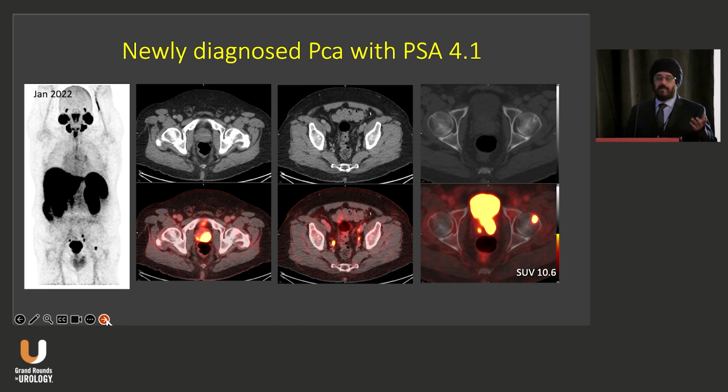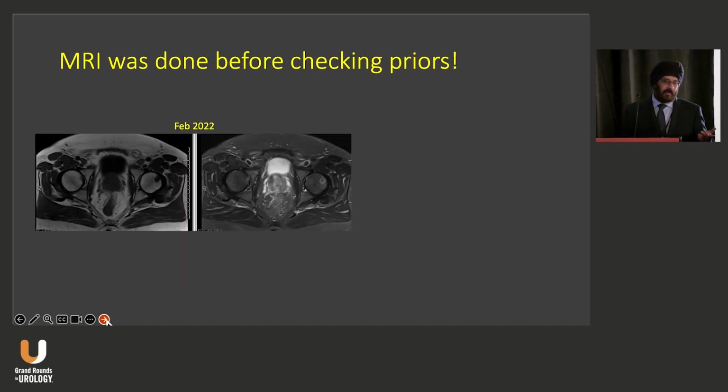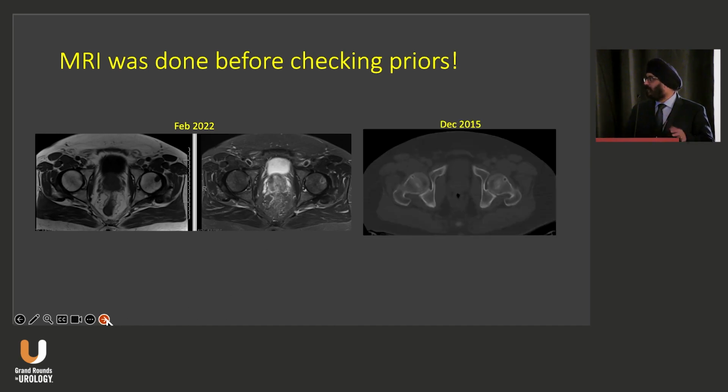Before checking for priors, they got an MRI, and it was called a bone herniation and synovial pit. If they had just checked the prior imaging from 2015, it was there also. So always remember to check for prior imaging. And yes, this was just a synovial herniation pit.